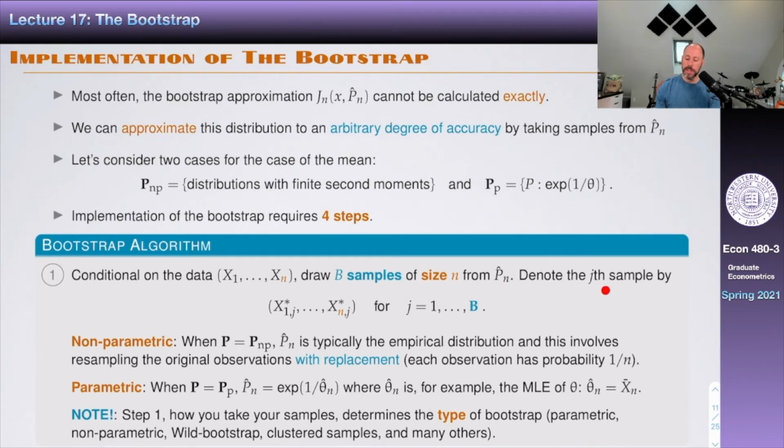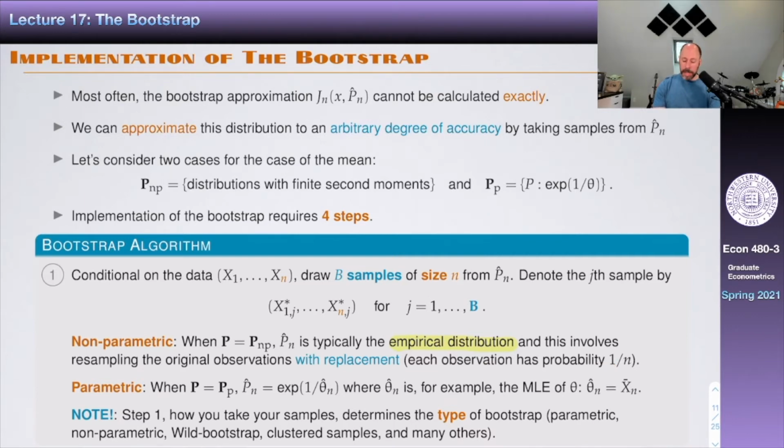And we're going to denote the jth sample by x1 star j, ..., xn star j. And how many samples like this do we have? Capital B. In the non-parametric case, bold P is the non-parametric one, so P hat is typically the empirical distribution of the data, the one that we said before. This involves resampling the original observations with replacement. Each observation has probability 1 over n.